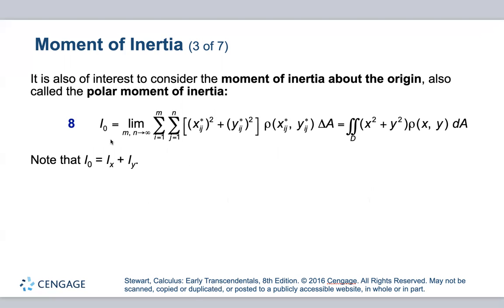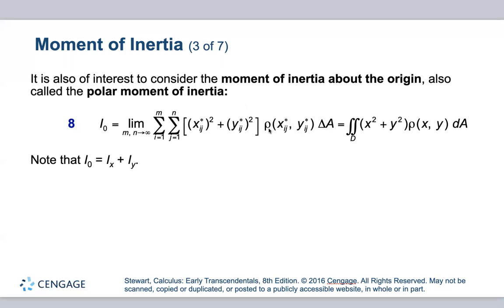So there you have to measure the directed distance from the point that you chose in your subrectangle to the origin and square it. But that's just the radial distance. So that is xij star squared plus yij star squared. The distance would be square rooted, but we're squaring it, so we end up with this.